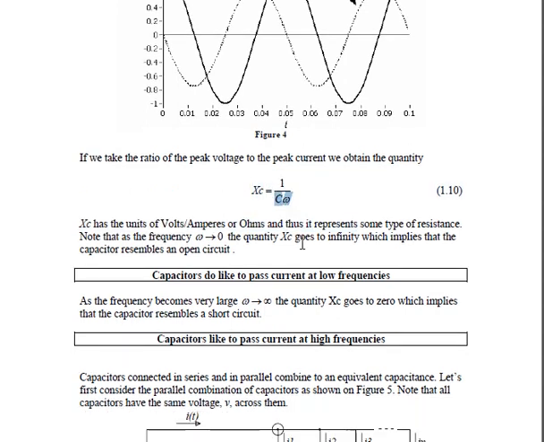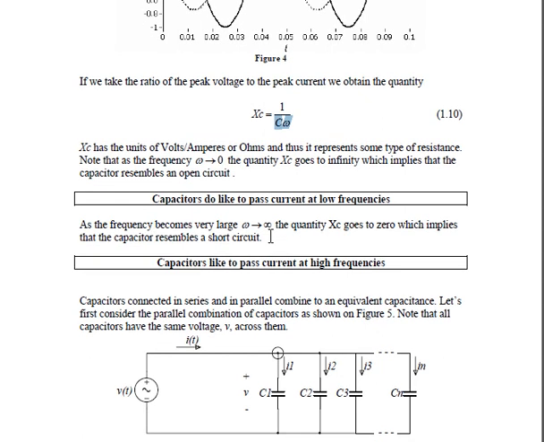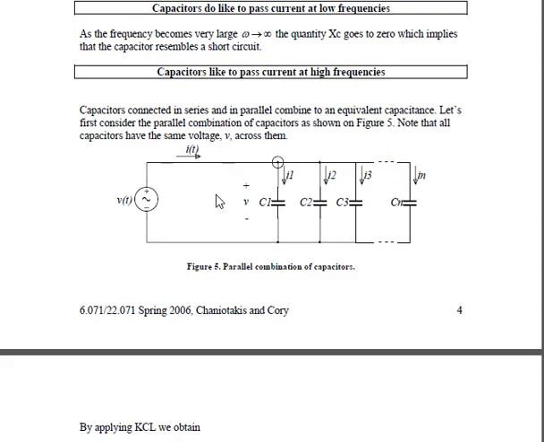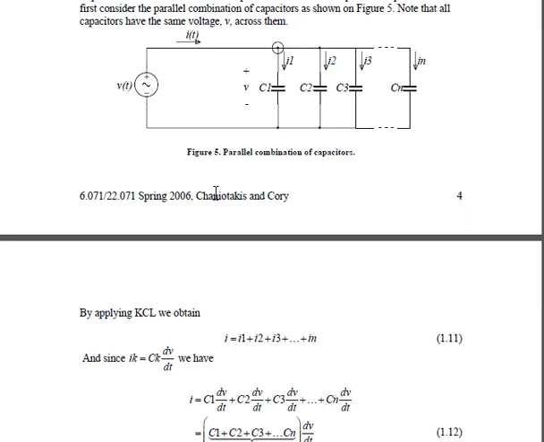Take note of that. So this is the behavior of the capacitor: capacitors like to pass current at high frequency and block it at low frequency. That is the summary of the function of a capacitor.